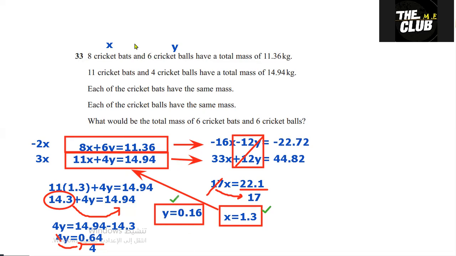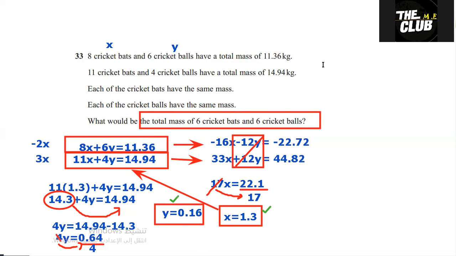And then we're going to answer the last part of the question, which says what is the total mass of 6 cricket bats and 6 cricket balls. So this one is 1 cricket bat, and this is one cricket ball. Now we need to answer this one.